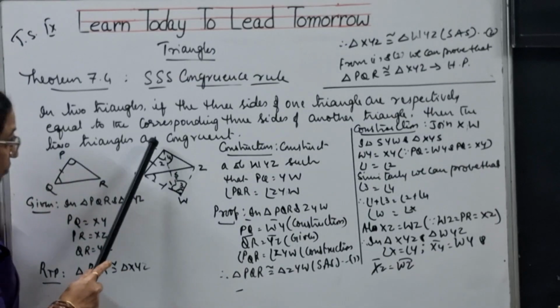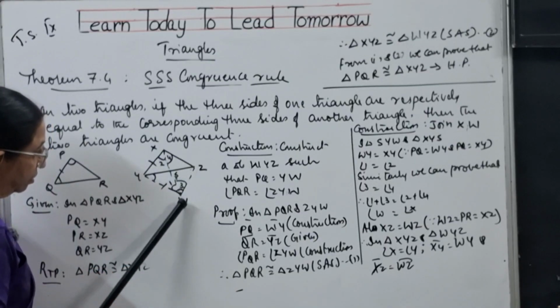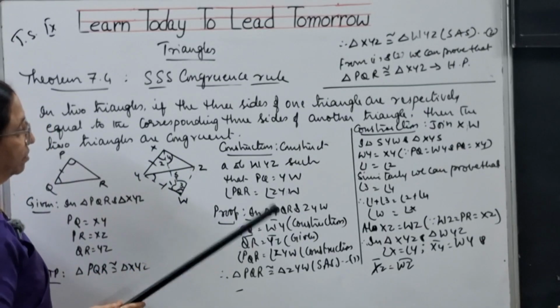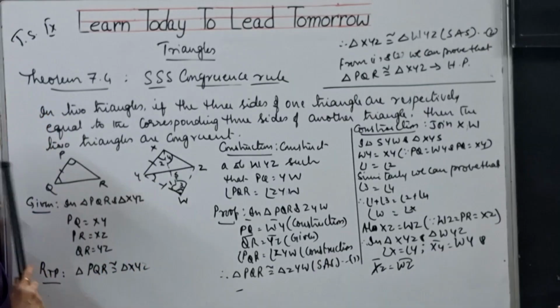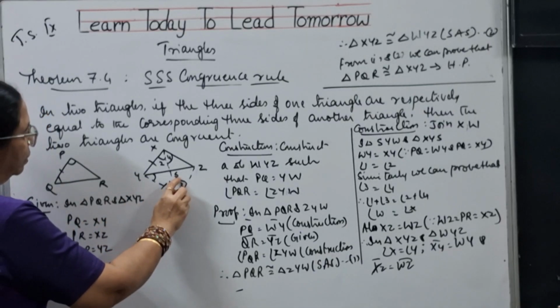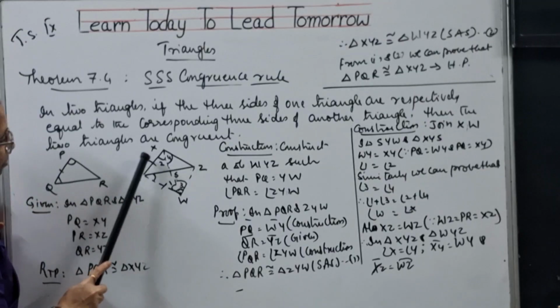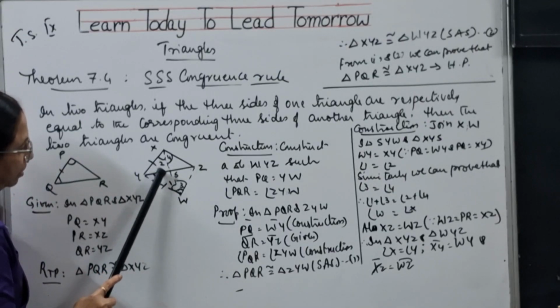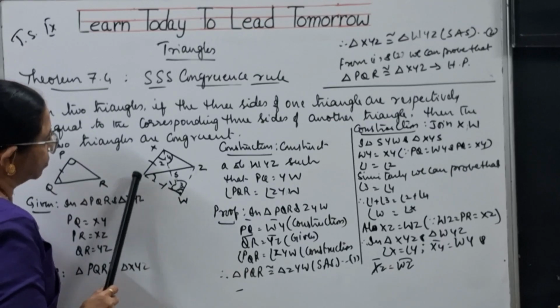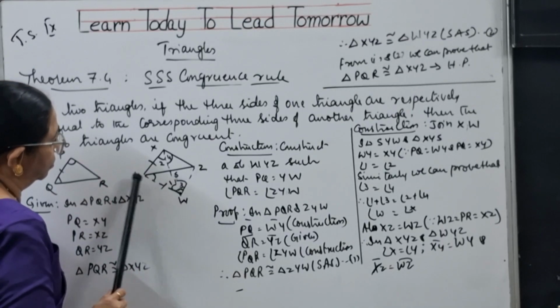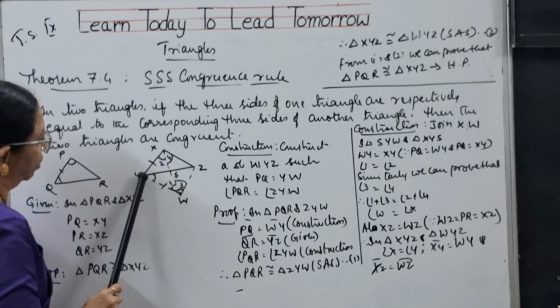Next, you have to join XW. This is another construction. XW is intersecting at S. Now, in these two triangles, YW is equal to XY. Why?